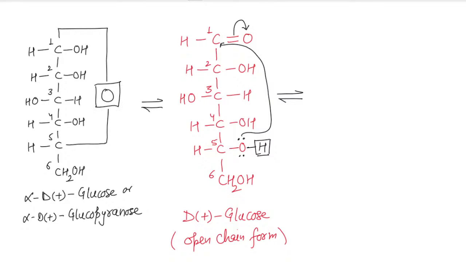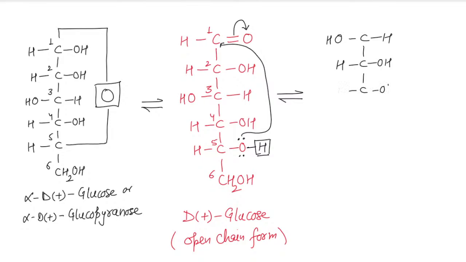So obviously 6-membered ring is there. So pyranose form is formed, or on the first carbon OH may be on the left side. If it is on the left side, this is called beta D glucose.